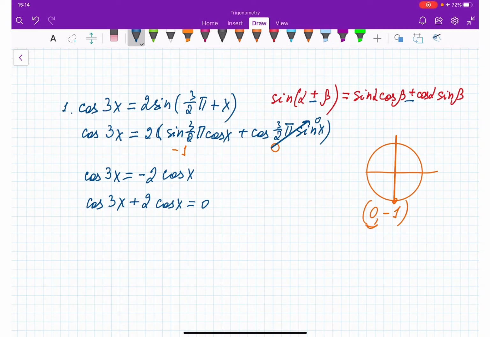So I have 3x here, and x here. Both of them have cosine x. That's good. Now I have 3x and x. What can I do here? I'm going to break down into 2x and x.